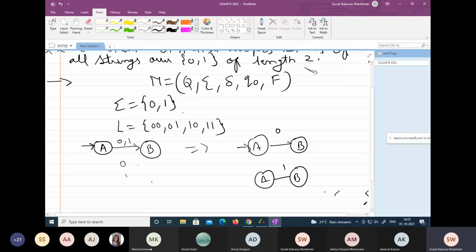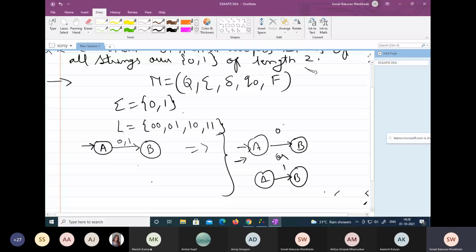Either it can be this or it can be this. We are not sure which value is going to the next state, 0 or 1, but we know that 0 and 1 both can be there. So this is represented by this.